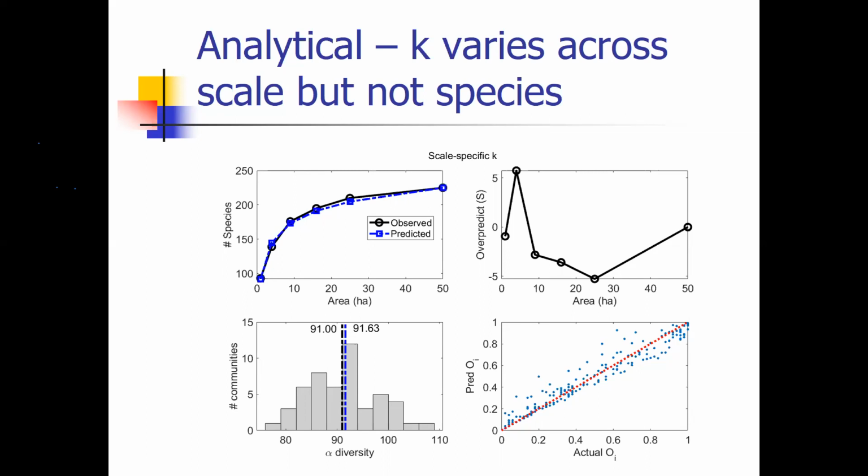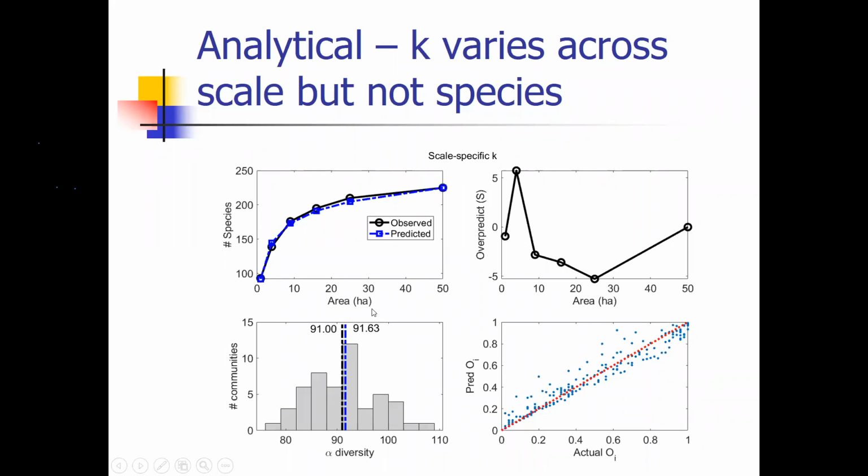So here I threw in my 1, 5, 25 K, so I only had 3 K parameters. And that looks pretty darn good. Species area relationships are off by just a couple of species. Species richness is actually even slightly better. It's down to 1 species, and the occupancy abundance relationship is quite tight again.